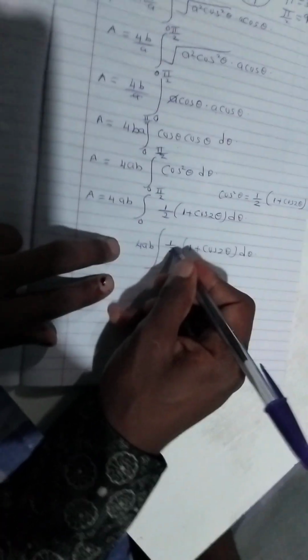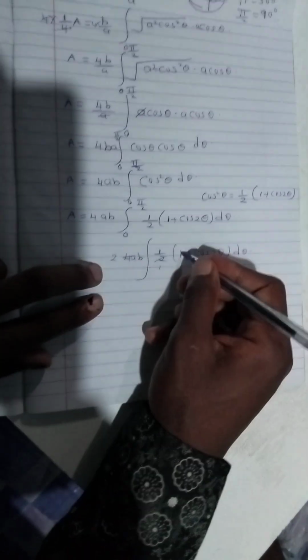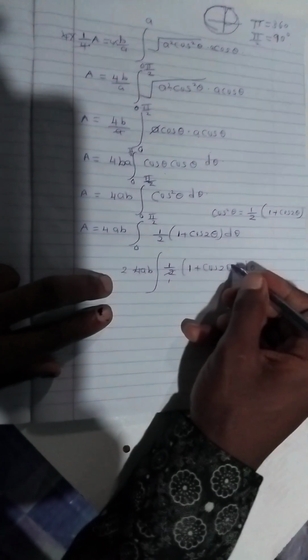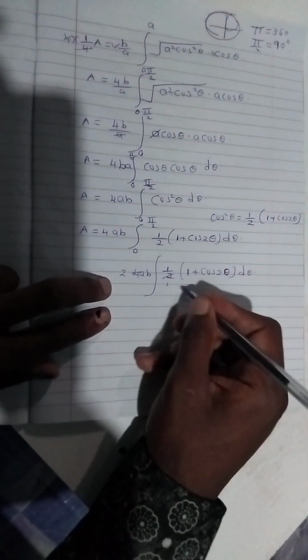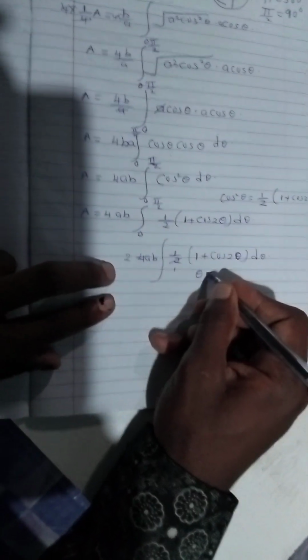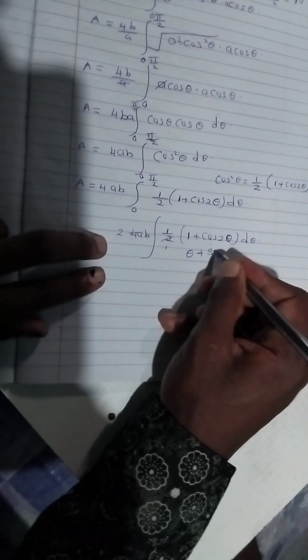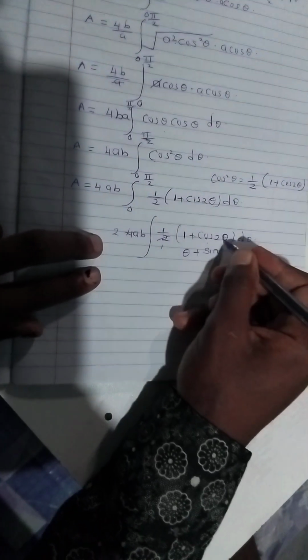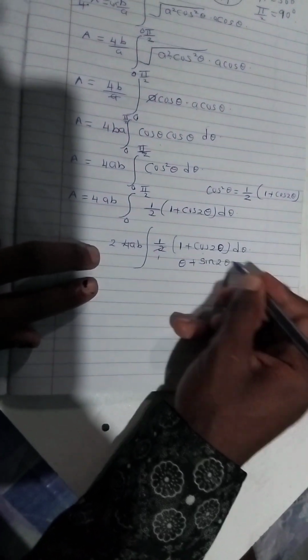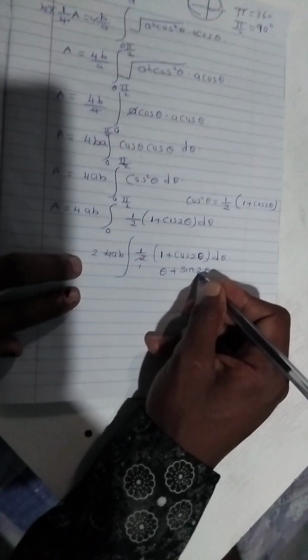When you integrate, this one will cancel and remain with 2ab. Then when you integrate 1 with reference to theta, you will get theta. Then plus, when you integrate cosine, you will get sine 2 theta, and divide by the derivative of the second term.